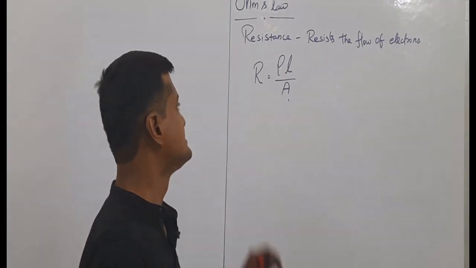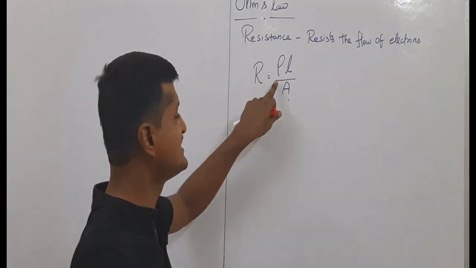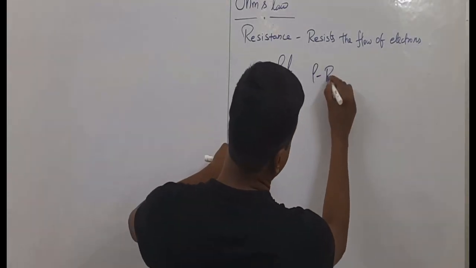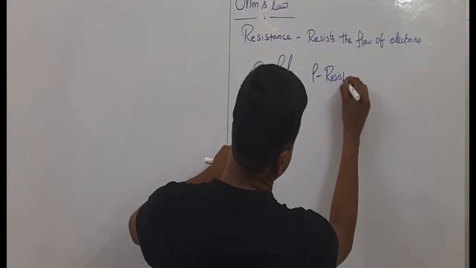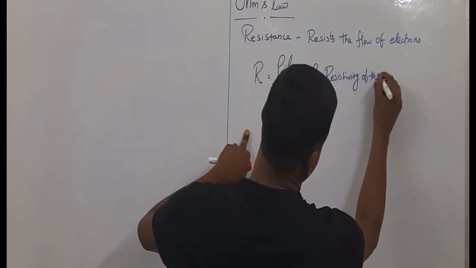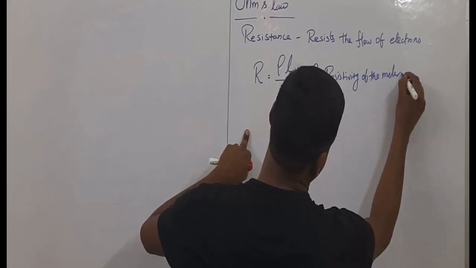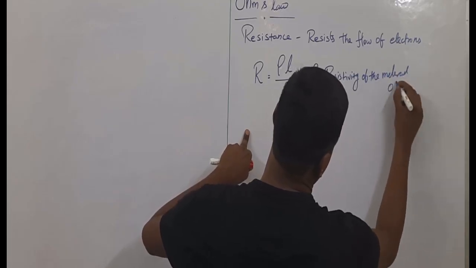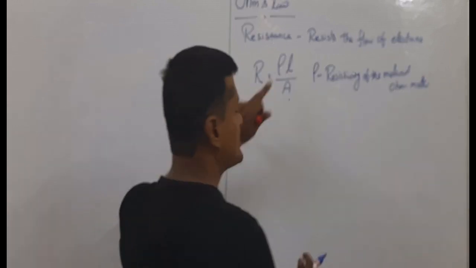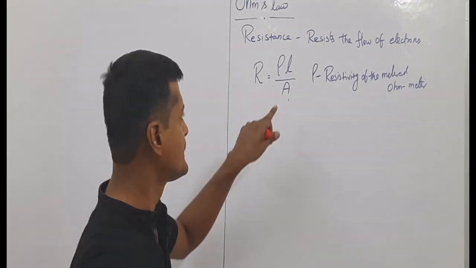Okay, it means that rho is the resistivity of the material, in ohm meter. The unit of resistivity is ohm meter.